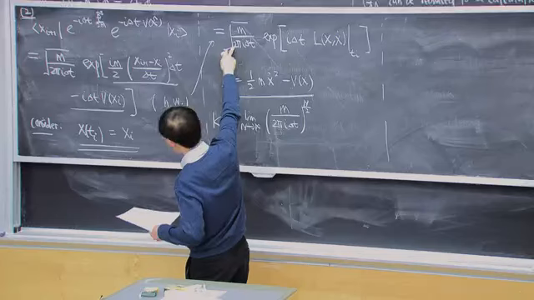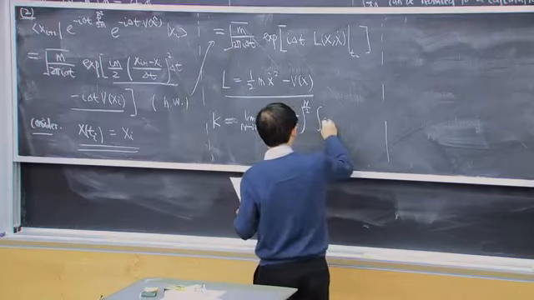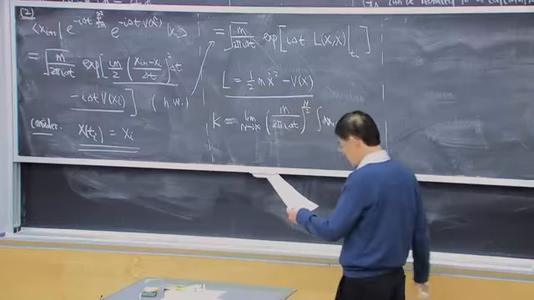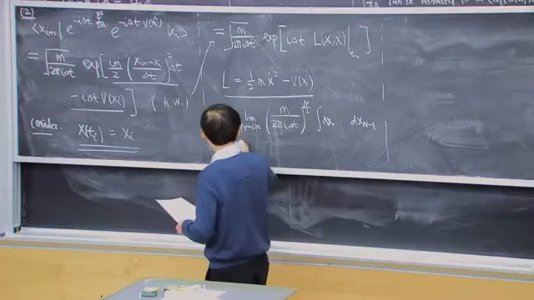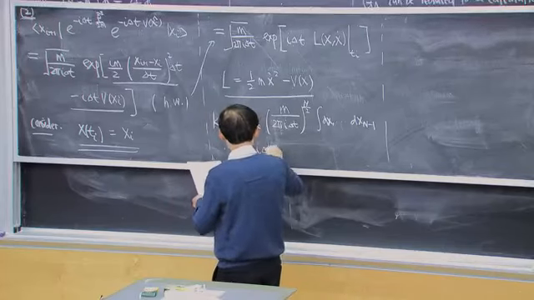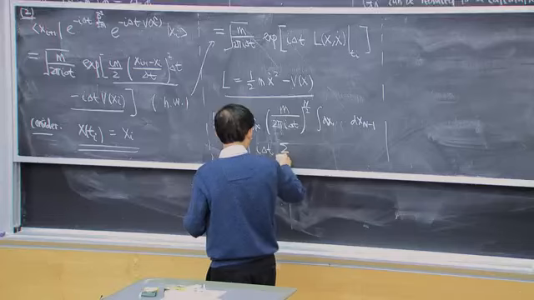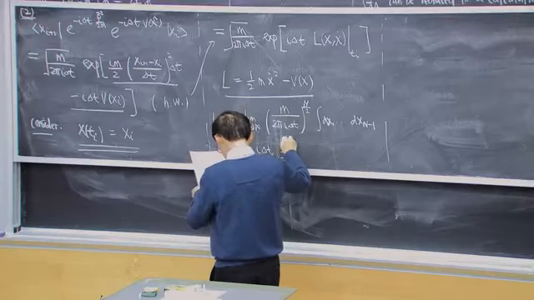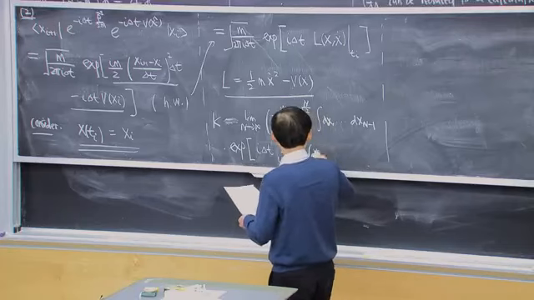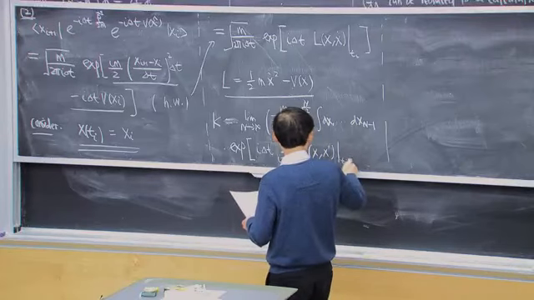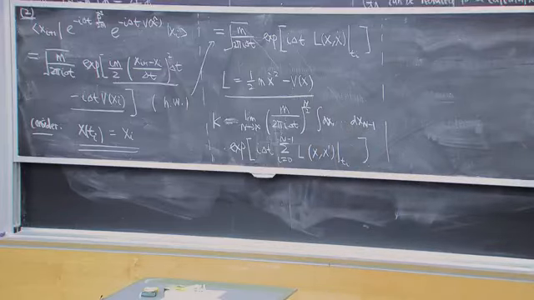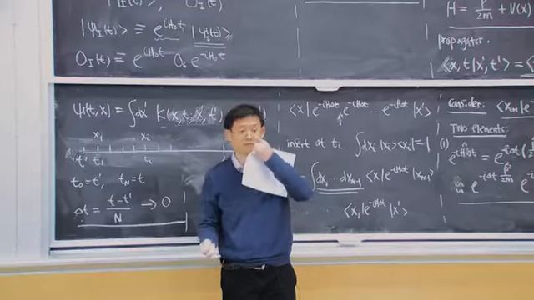Each one gives you a square root, and then you have dx1 through dx(n minus 1). But now the integrand becomes exponential of i delta t times the sum over i from 0 to n minus 1 of L at ti, because the product in the exponential just becomes the sum.